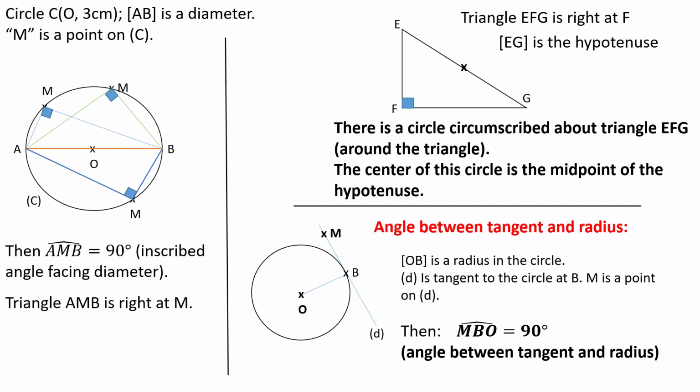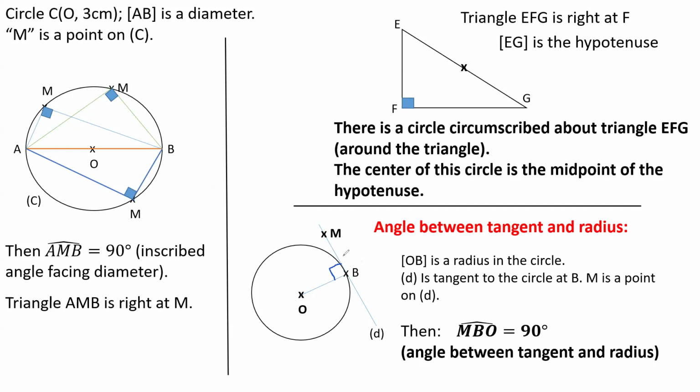Then after drawing the tangent at B, we can see that angle MBO, which is the angle between the tangent and the radius, I will annotate it on the figure. So angle MBO is always equal to 90 degrees.